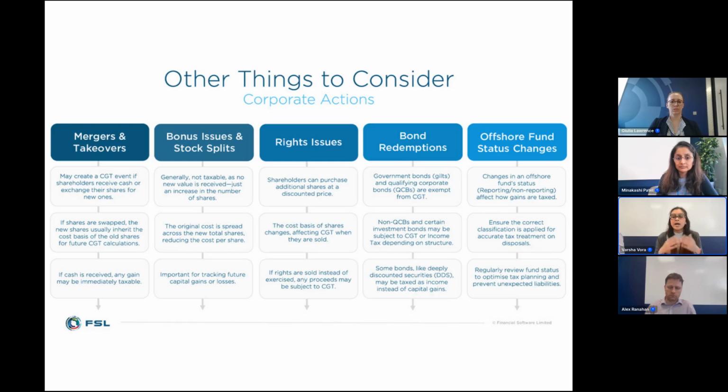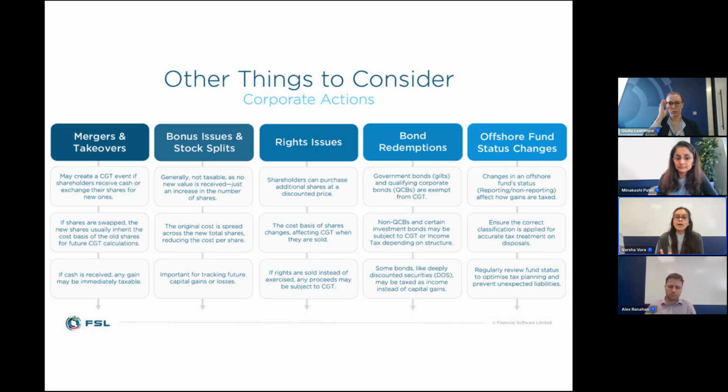Offshore funds and status changes: make sure again that if there have been any status changes on any assets throughout the year, these have been processed correctly, whether the client has chosen to take on the original classification onto the new status, or whether they've done a deemed acquisition and disposal, and that these have been reflected correctly on the investor's portfolio.